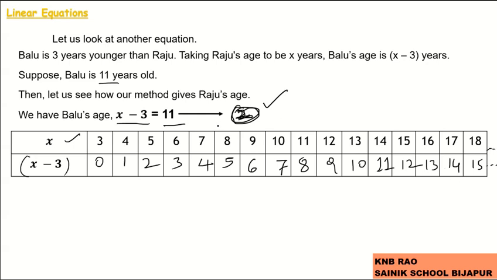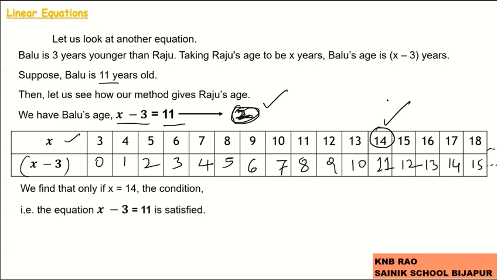Now, this condition 2 is satisfied only when x is 14. That means only if x equals 14, the equation x minus 3 equals 11 is satisfied.